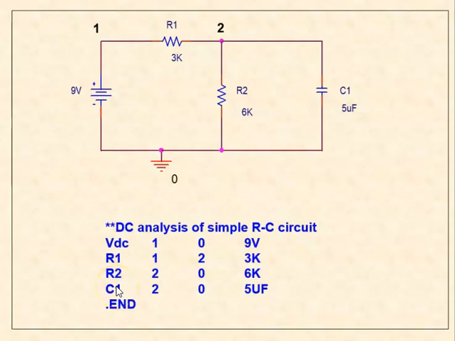The circuit description consists of the title of the program, then the circuit description, then the analysis description, that is, what type of analysis we are going to perform on this circuit, then the output description, and the end of the statement, that is .end.